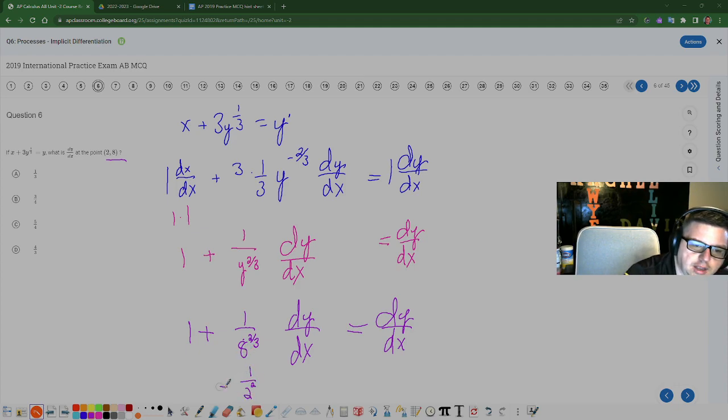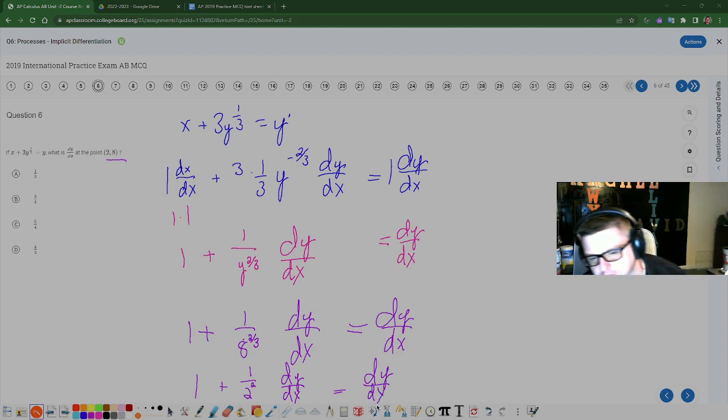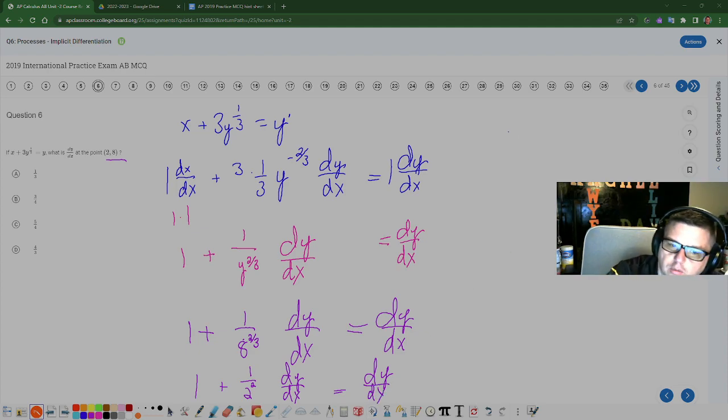Well, okay, so we have this. Okay. And what's 2 squared? Well, everybody's going to say, well, it's 1 over 4 now. 1 equals 1/4 dy dx plus dy dx. And then we can subtract 1/4 dy dx from both sides of the equation.